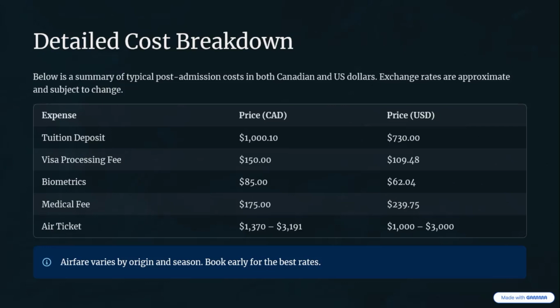When you go through that application, the cost they give you is the visa processing fee, which is 150 Canadian dollars, approximately 109 American dollars. The visa processing fee is very important and mandatory. Without that, you can't go further.